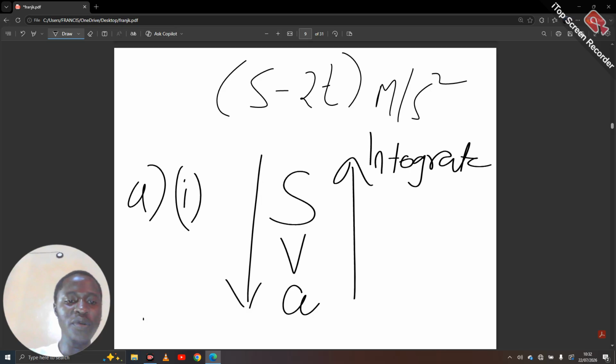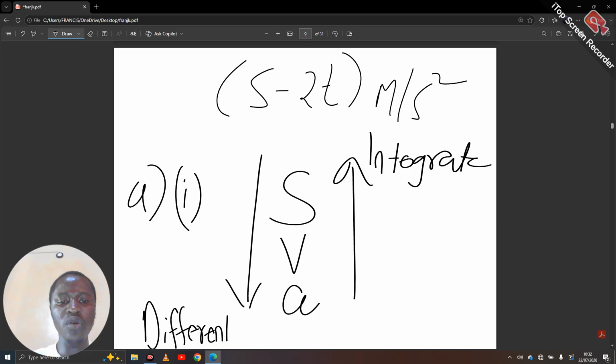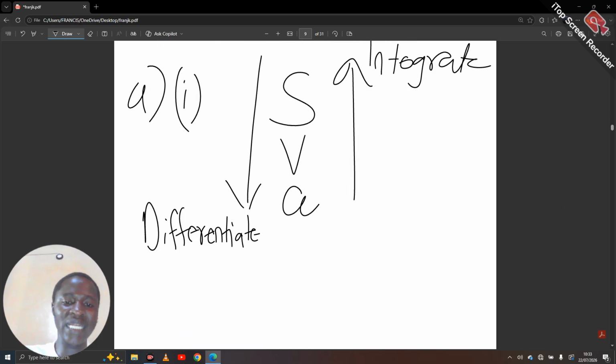Coming down, you differentiate. Now, just to repeat the question, after t seconds, a particle moving along a straight line has a velocity of v meters per second and an acceleration of 5 minus 2t meters per second squared. The particle's initial velocity is 2 meters per second.